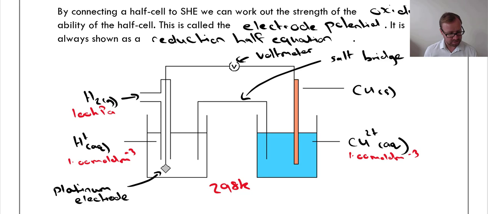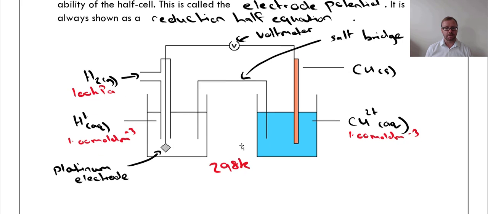I don't think so. Okay, so there is an example of an electrochemical cell with a standard hydrogen electrode measuring the cell potential of another species. In this case, it's copper.